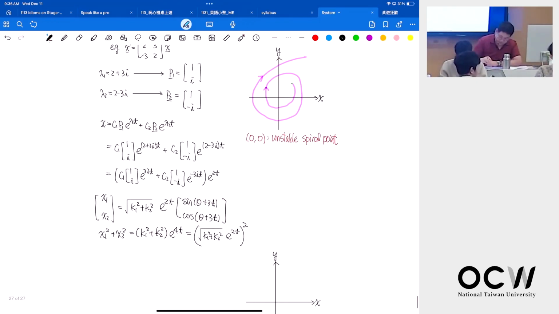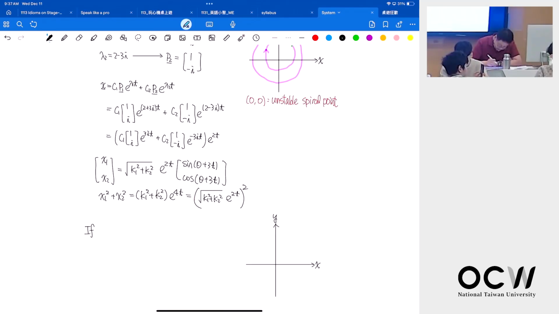If x1 is k1 squared plus k2 squared, here we have e to the 2t sine theta plus 3t. But x2 is e to the 3t. Their exponent is different, cosine theta plus 3t.